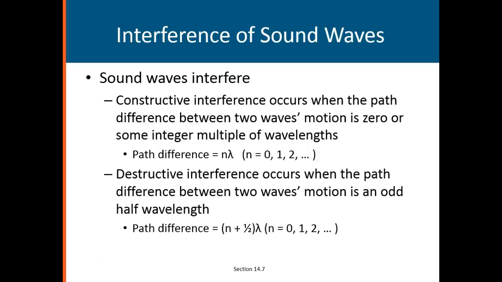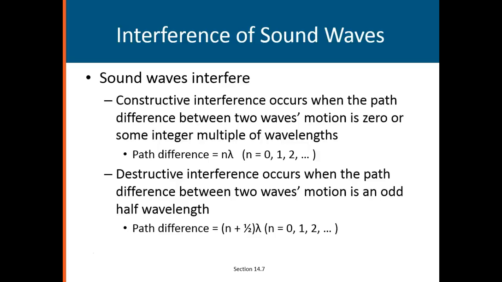Constructive interference occurs when the path difference between two waves' motion is zero, or some integer multiple of the wavelengths. So the path difference, the difference between the paths, is some integral multiple of that wavelength.